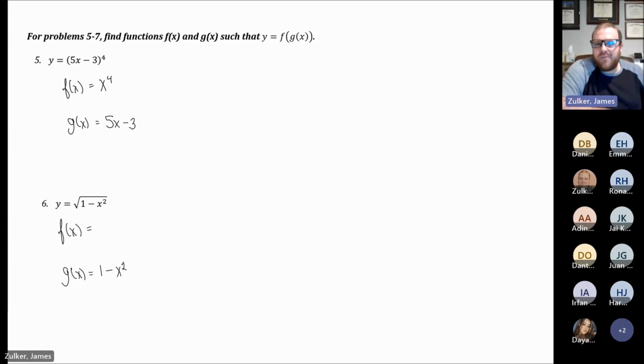And then what would your outer function f of x be? All right, just root x. So there's one possibility.